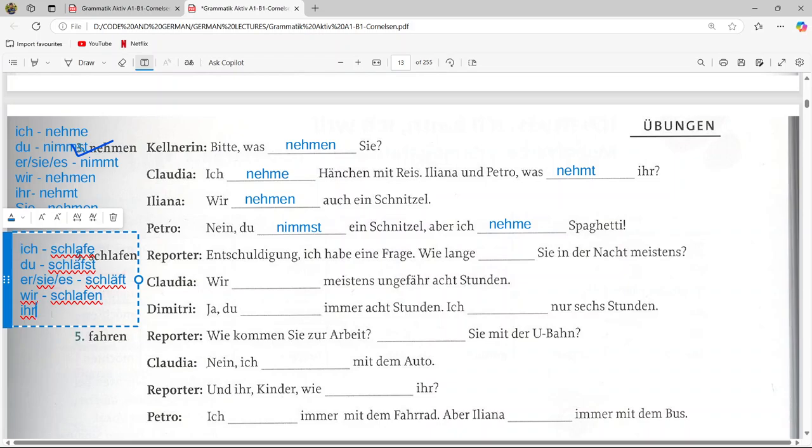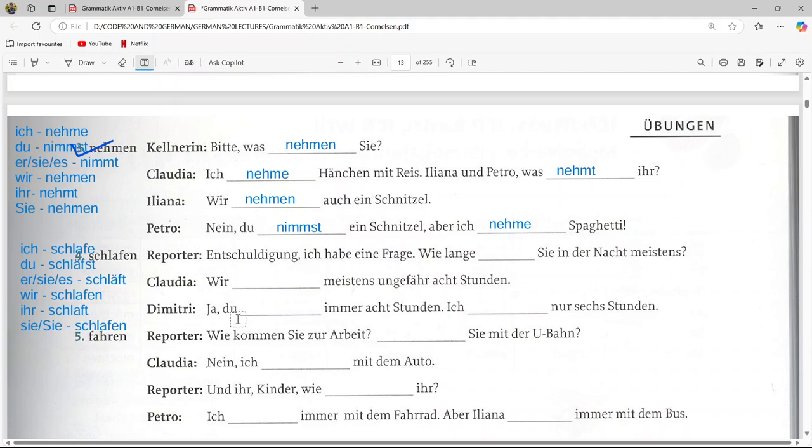Okay. Then for ihr it is schlaft. And finally for sie, they or formal Sie, it is the infinitive form schlafen.